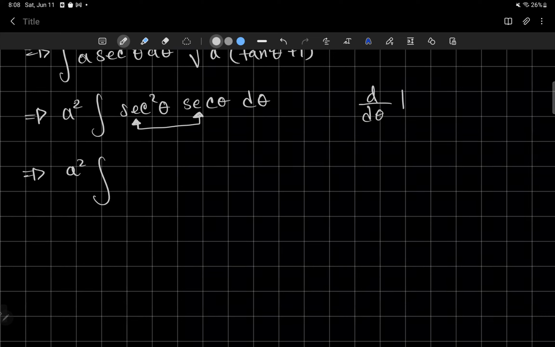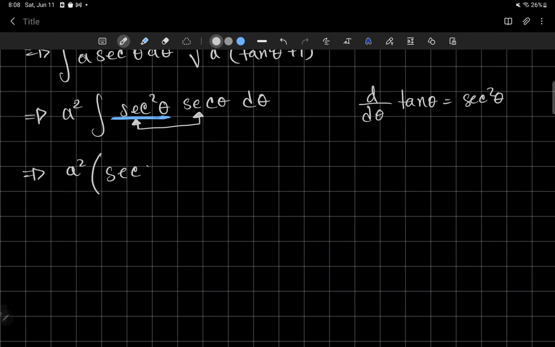So you can integrate this sec squared and keep this sec theta alone. You just don't touch it at all, and then see in which direction the problem goes. So let's try that out and see what happens. We will first integrate sec squared theta d theta, and keep sec theta alone.